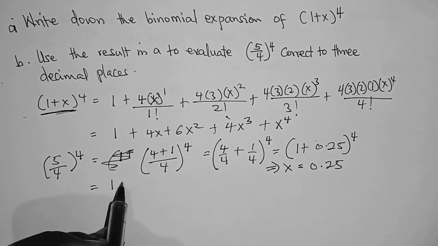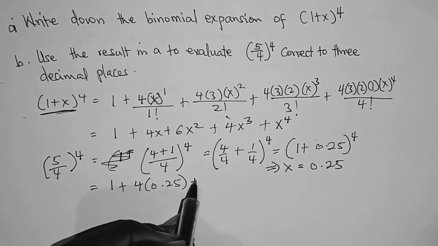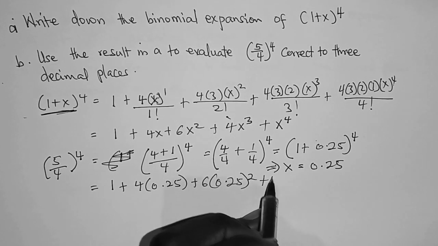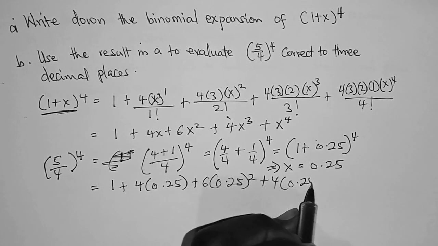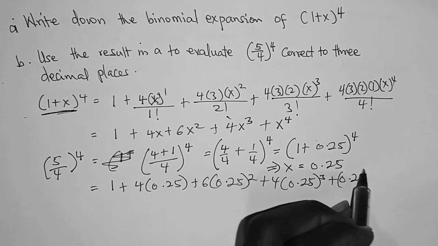So it becomes 1 plus 4 times 0.25, then plus 6 times 0.25 squared, then plus 4 times 0.25 cubed, then plus 0.25 to the power 4.